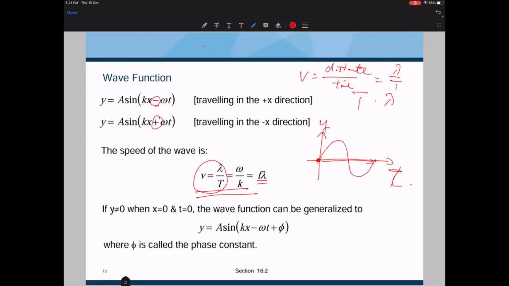And actually, the equation form at the top of the page does not cover all the situations.